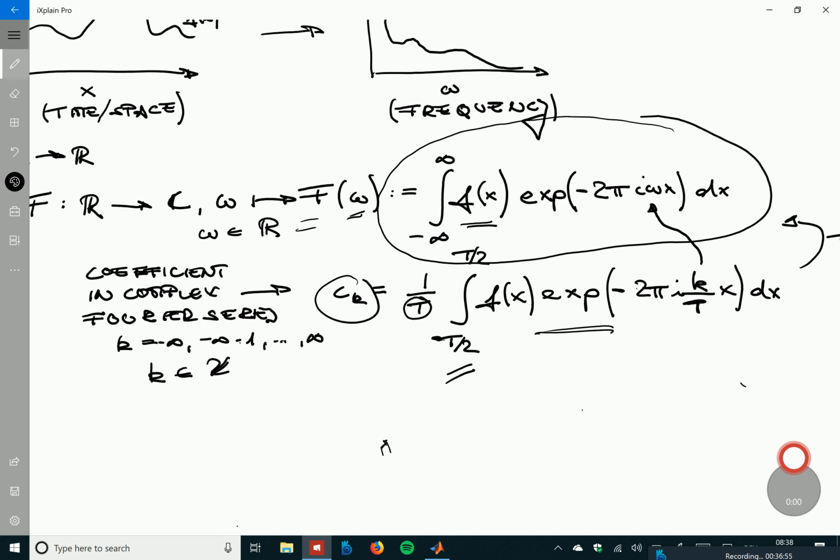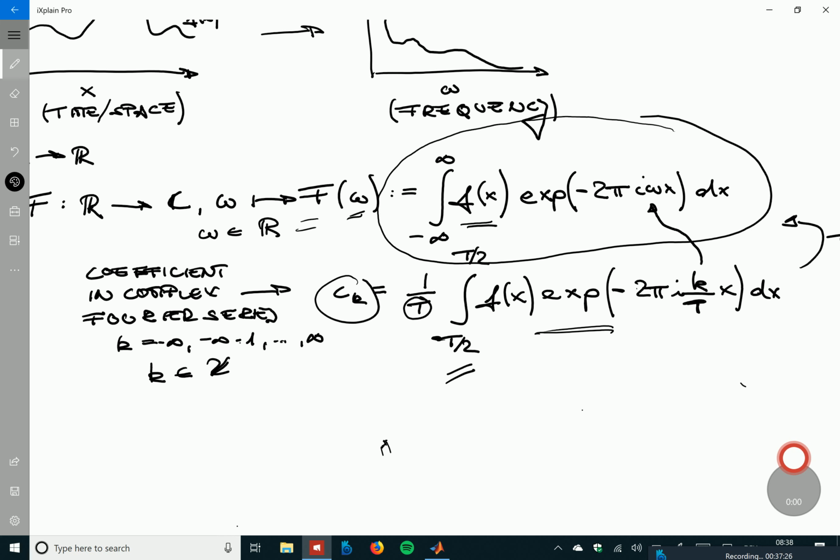And if you're in the Fourier transform realm, your indices are real numbers. So you have many more. For example, if instead of 10, 11, 12, you have 10.00001, 10.00002, and so on. Yeah. So that's kind of the hand wavy way to motivate the form of the Fourier transform.